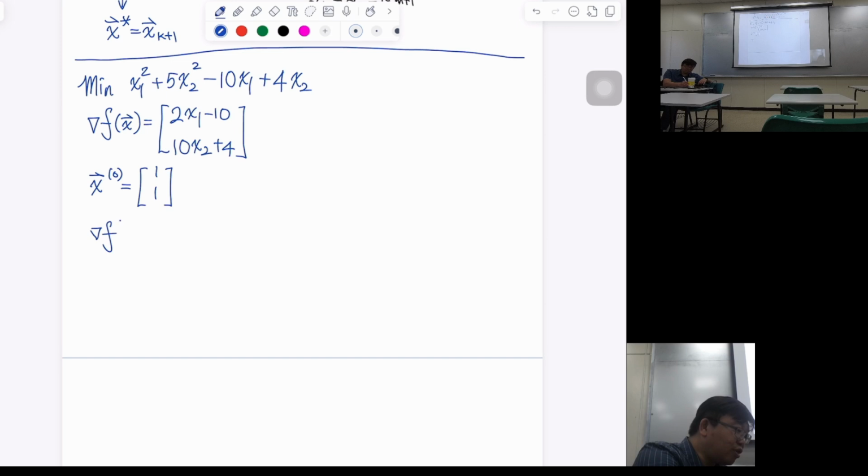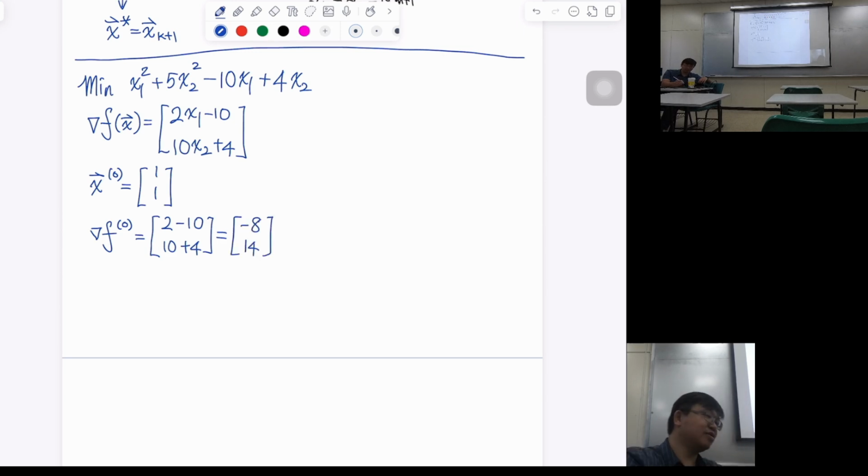So the gradient at iteration 0 equals, just plug in 1. So 2 minus 10, 10 plus 4. If I make mistakes, please remind me. So this is negative 8 and 14. Okay.